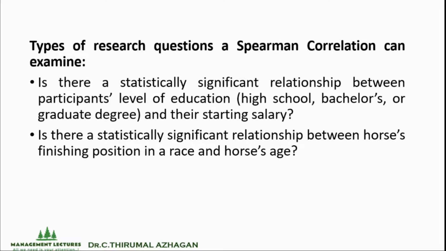Another example: is there a statistically significant relationship between a horse's finishing position in a race and the horse's age? So with this small description, we'll take a problem in Spearman correlation and confirm the hypothesis. Shall we proceed?